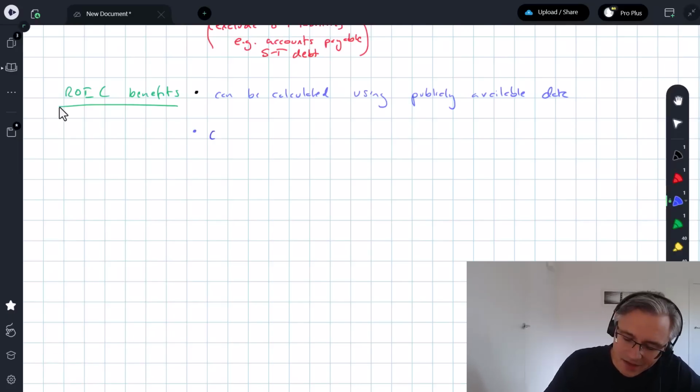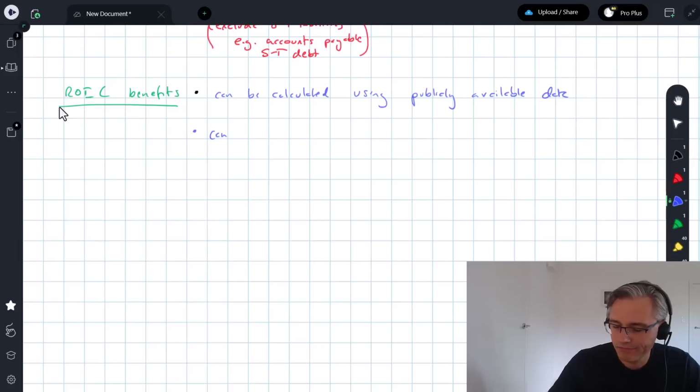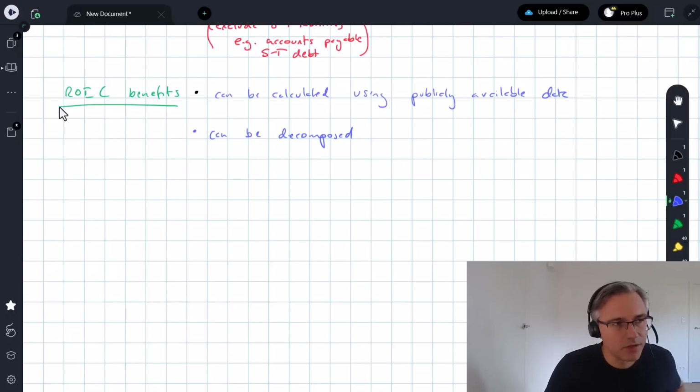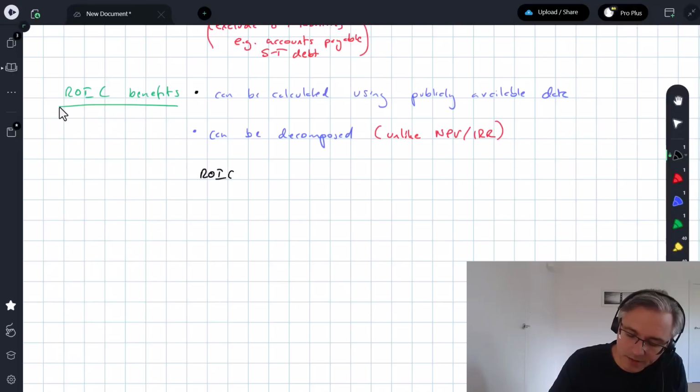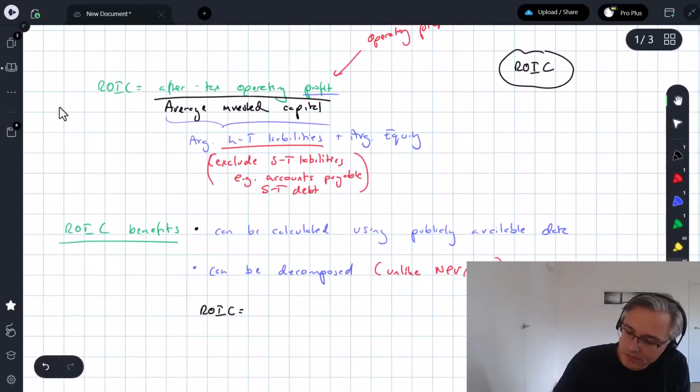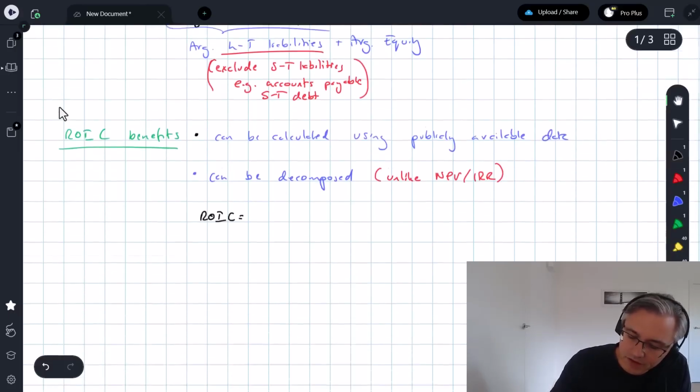Brilliant. Another thing that your book talks about is that it can be decomposed into some sub-ratios, and this is a feature which you will not find with NPV or IRR. It would be impossible to decompose them. However, return on invested capital is decomposable. The original ratio is after-tax operating profit to average invested capital.